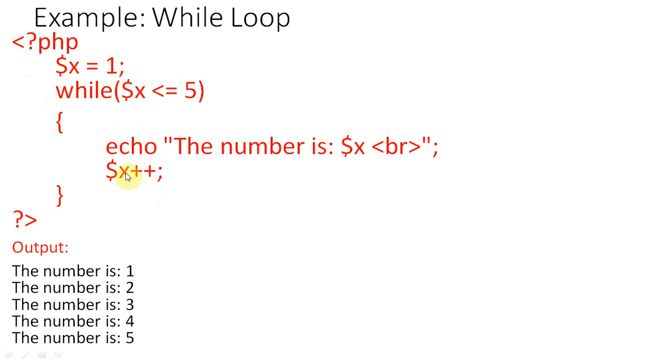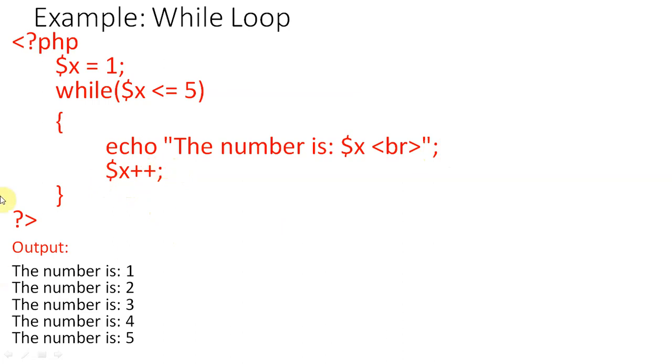Every time X will be increased by 1. So we are writing here the post increment, so X is increased by 1. The number is $x, the first time the number is 1, and then we are writing the br tag of HTML, and again it will add one to the X value.